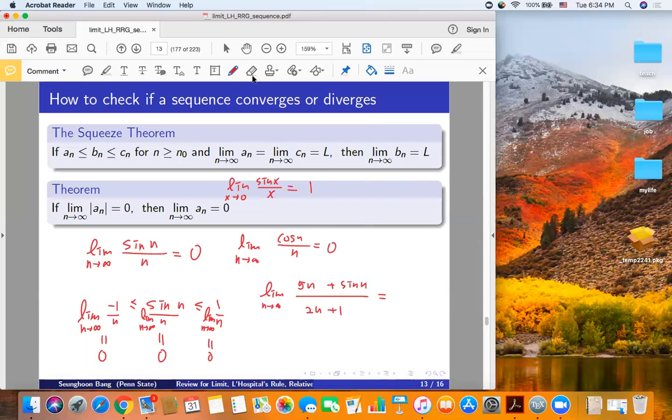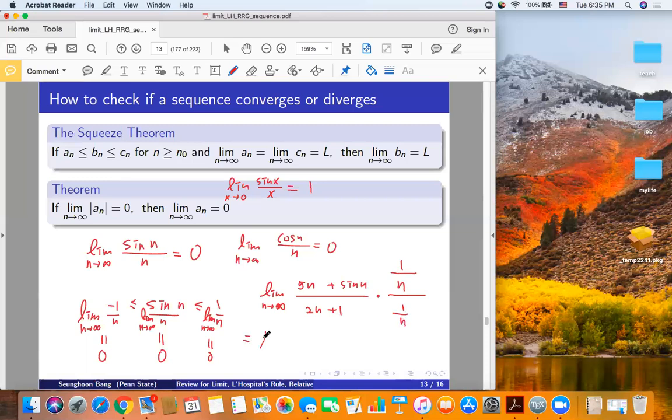How can you solve it? This is exactly the infinity over infinity form. What's the best way? When we have this kind of thing with sine and cosine functions, you always divide top and bottom by the highest power in the bottom one, like this.